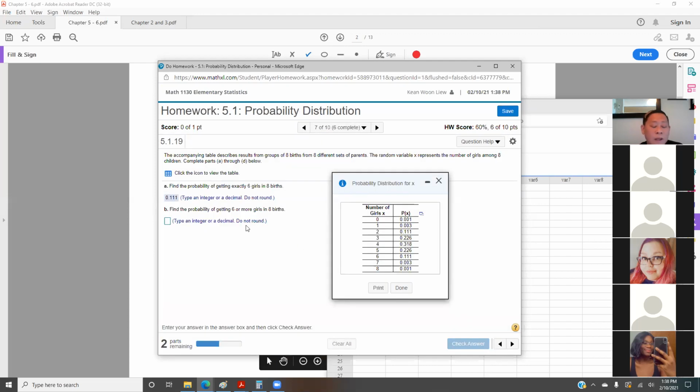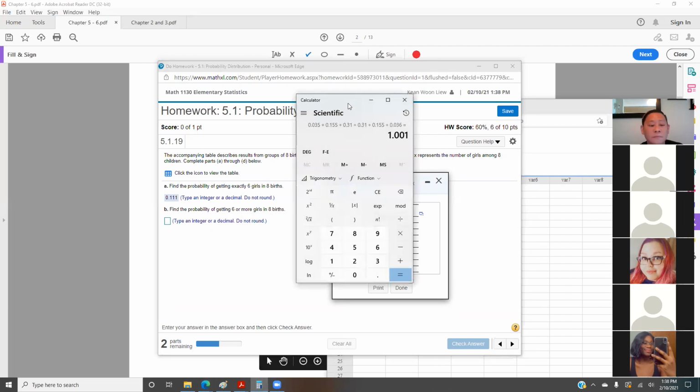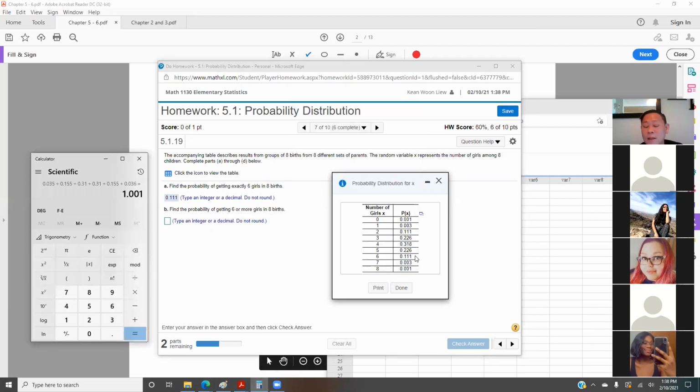Can you tell me what is the probability of getting 6 or more girls? So what you do with this? You add what? 0.003 and 0.001. Do you include 6 or not include 6? Yes, because 6 or more means you include 6.